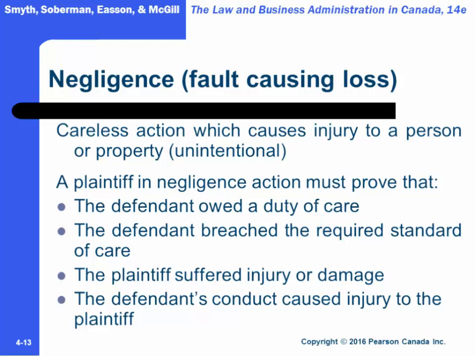In the margin on page 83, beside the checklist, you should write three words: fault causing loss. Because three simple words that will help you understand and remember the checklist elements of a negligence action are fault causing loss.